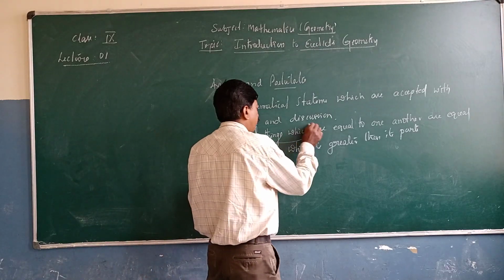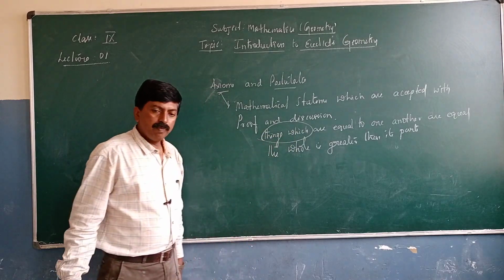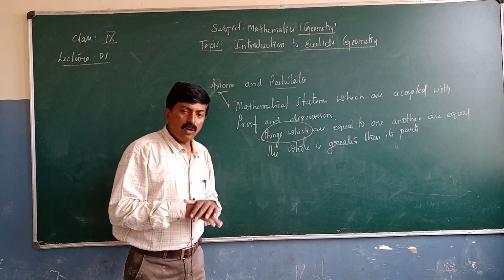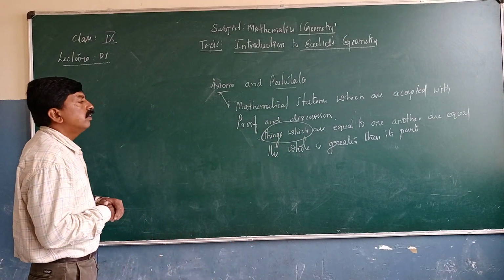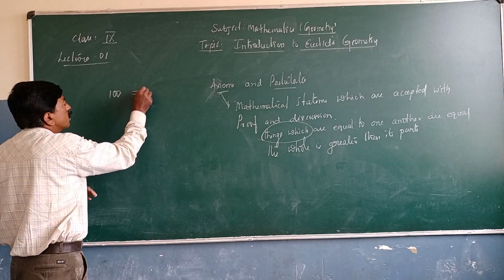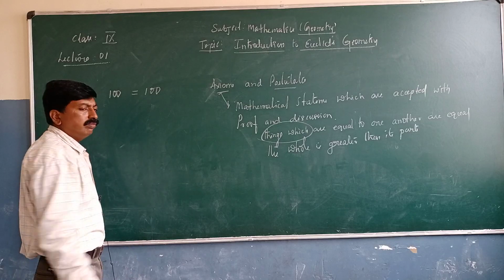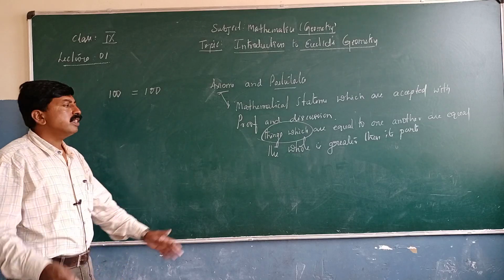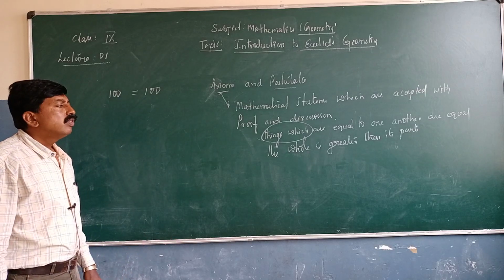Whatever things may be, which are equal, for example 100 is equal to 100. We already know that equal things are always equal.